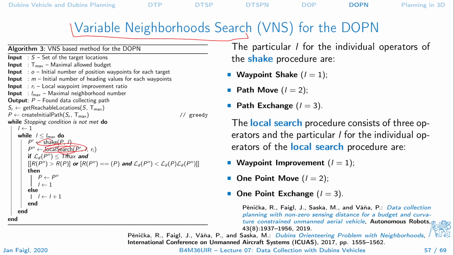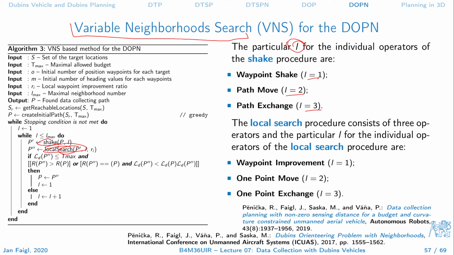Within the local search, we perform the n-square options. Here we consider the neighborhood layers for the shake and for the local search. You can find the details in the paper if you're interested.